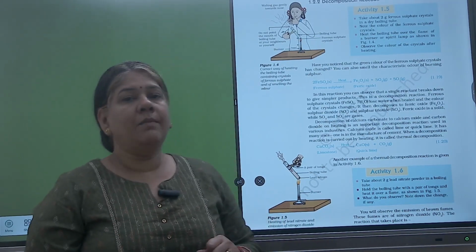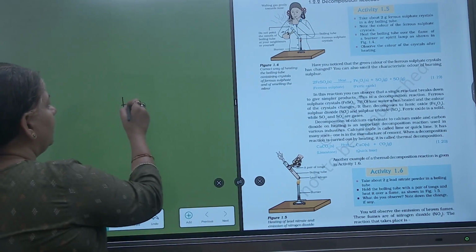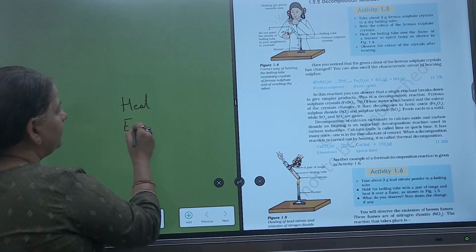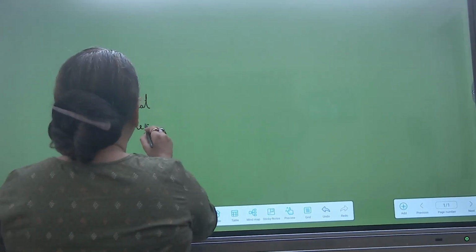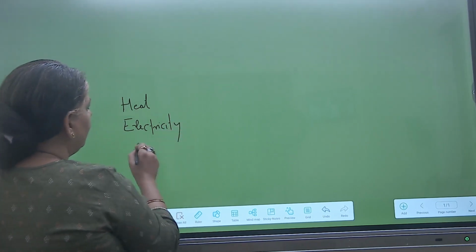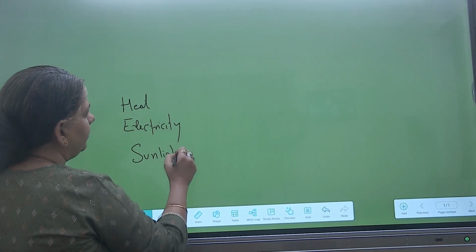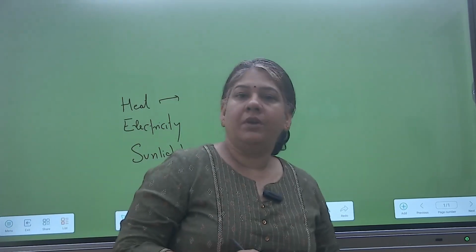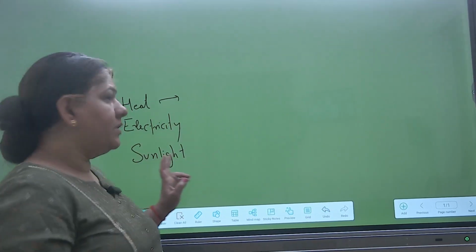Energy can be provided in three forms: in the form of heat, electricity, or sunlight. So we are going to study the reactions which can be decomposed in presence of heat, then in presence of electricity, or in presence of sunlight.